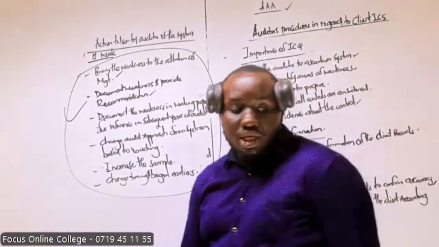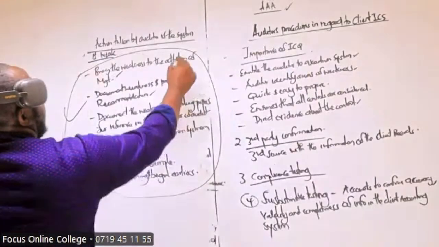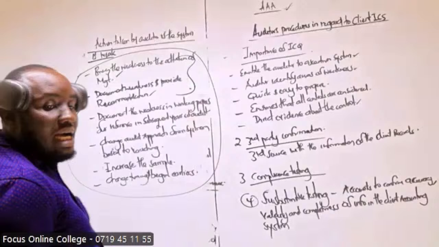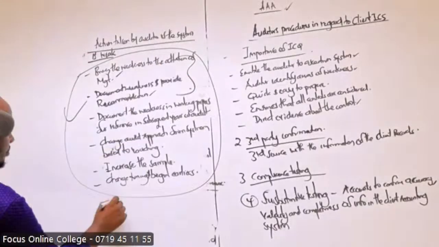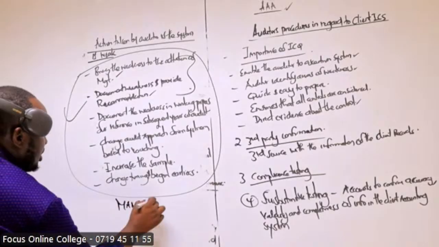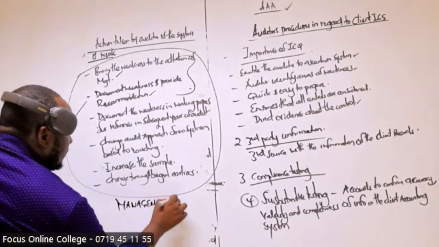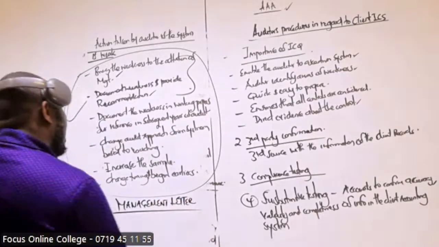I want us to talk about the management letter. Part of the management letter we have discussed is actions taken by the auditor when the systems are weak. So what is a management letter?